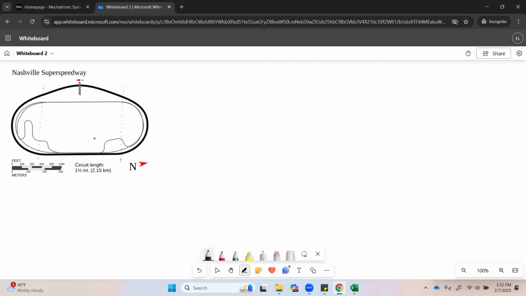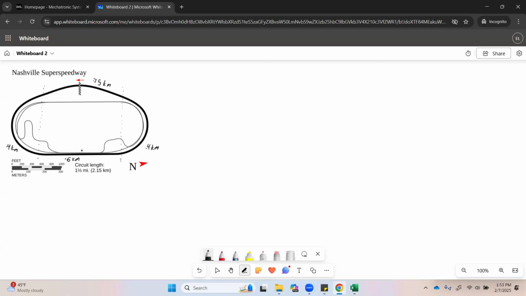So to break up that 2.15 kilometers, we'll say this side is 0.6 kilometers, and then each of the curves 0.4 kilometers, and then 0.75 kilometers for this part that kind of sticks out.